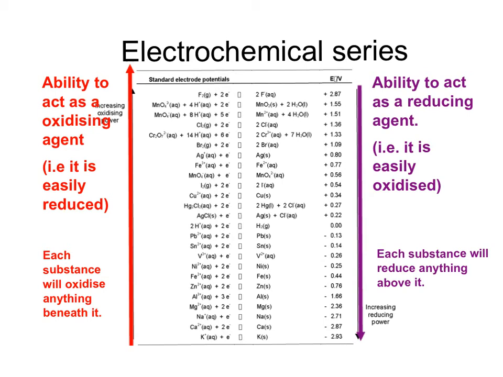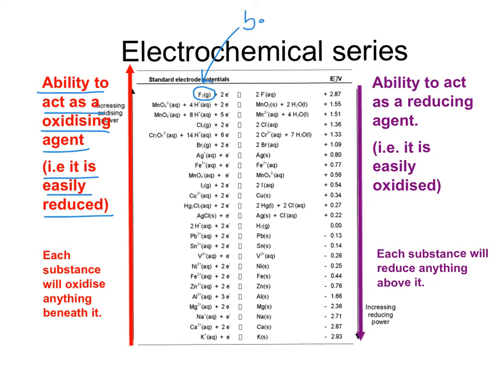So as the electrode potential becomes more positive, we could say that the species is more easily reduced. So the first label that we need to add in is this one. So as the electrode potential becomes more positive, it has more ability as an oxidizing agent, or it is more easily reduced. And if I go then, I can say that the best oxidizing agent in this electrochemical series is F2, or fluorine.